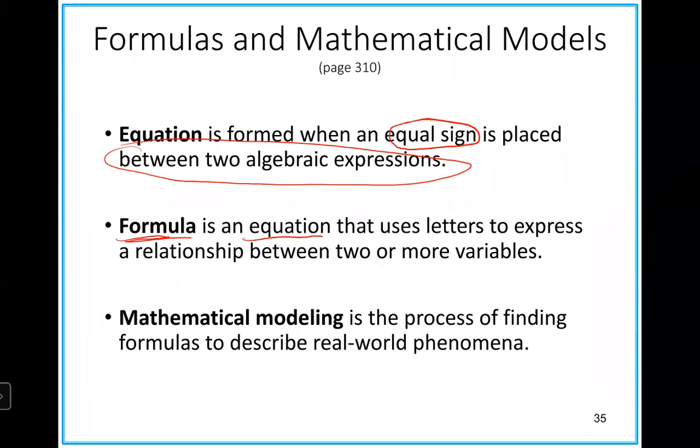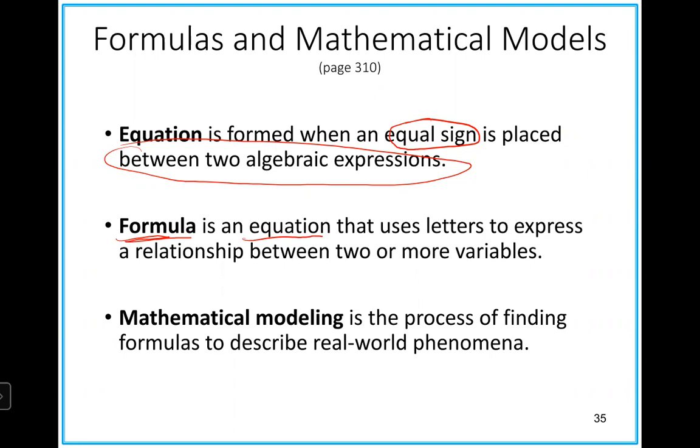All of those are examples of formulas. It's telling you that two expressions are equal, but after identifying the relationship between different variables, we can write formulas to help us solve for one or more variables.